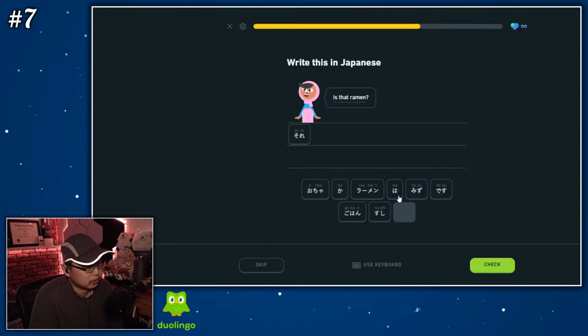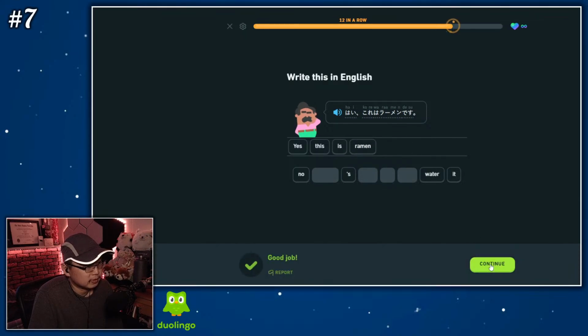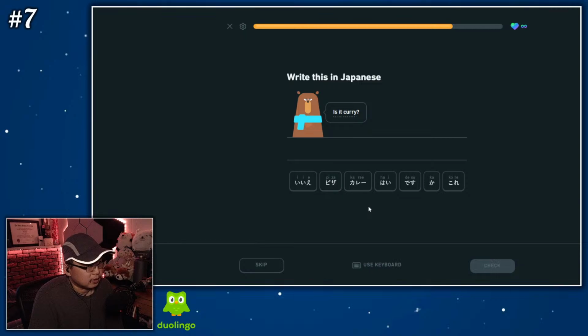それはラーメンですか？はい、これはラーメンです。Yes, this is ramen. Is it curry? Okay, カレーですか？カレー。Wow, you sound really different. カレー。That's interesting.